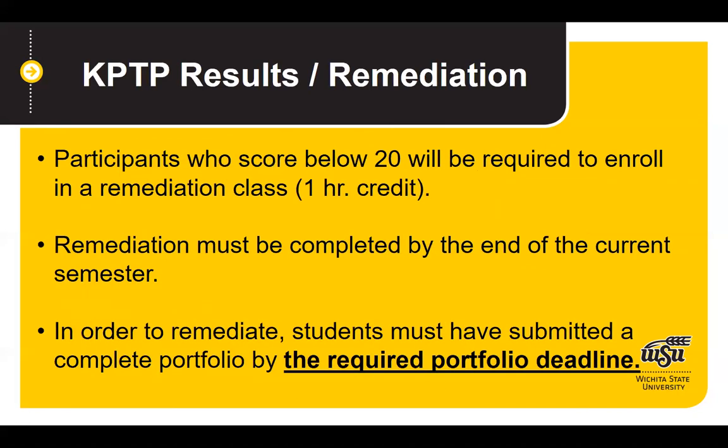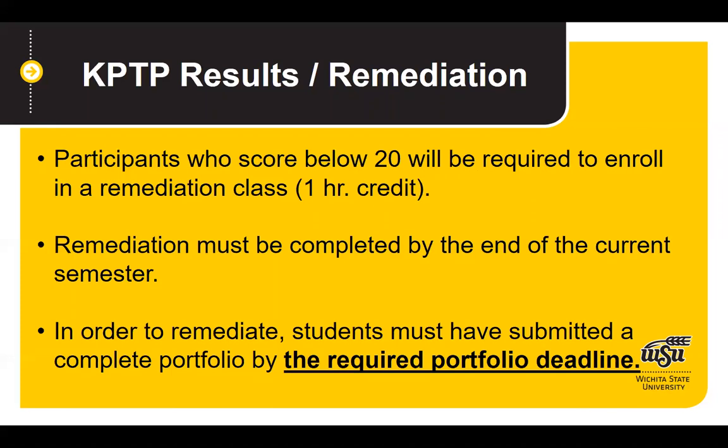If you do not score a 20 or higher, you will be required to enroll in 1 hour of remediation. This remediation will need to be completed by the end of the current semester in order for you to meet licensure requirements. So, if you do not score 20 or higher, I will be in communication with you, explaining the steps you will need to follow in order to remediate.